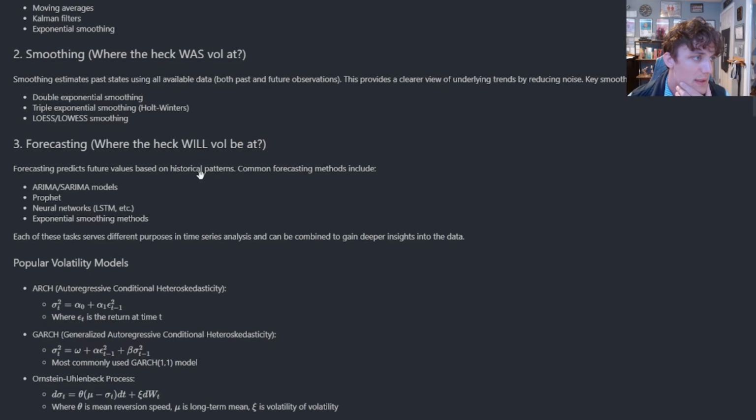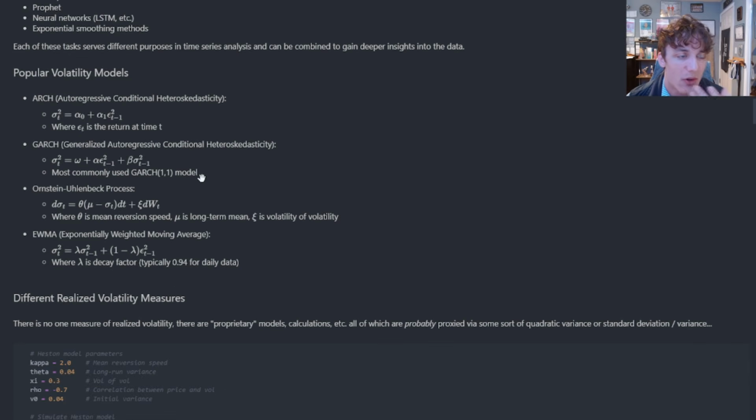I figured I'd also list some volatility models here. We have ARCH-GARCH models. Of course, a GARCH model is going to be a more parsimonious representation of a higher order ARCH model. We have some sort of mean reverting process, as I've visualized earlier in a Heston setting, and then you can do some sort of exponentially weighted moving average, which may have been redundant to list, but regardless, I figured I would include it in the volatility models section.